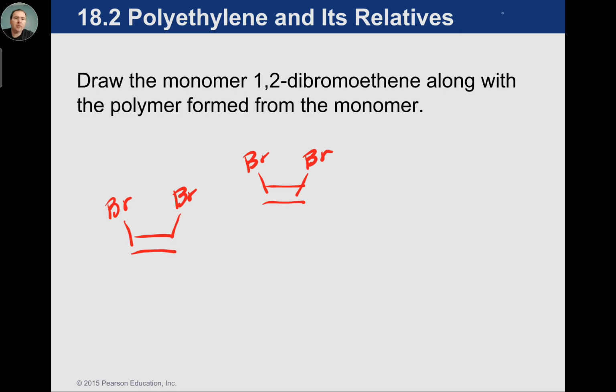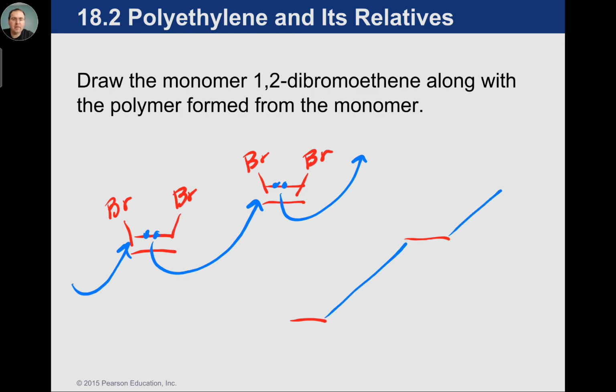And much like before, what we're going to do is allow these electrons that represent the double bond to add to the next carbon, add to the next carbon, and again somebody will add to them. So what happens in that situation then is the alkene itself is now going to be alkane based. Those electrons that added are now going to be connecting those single bonds together, and this is how we make monomers into polymers.